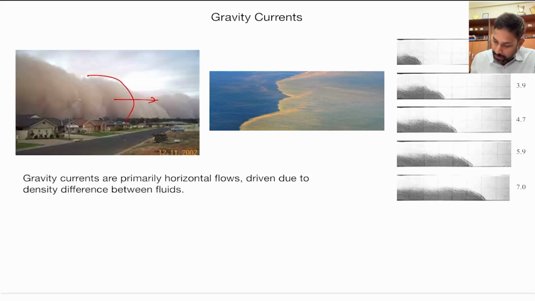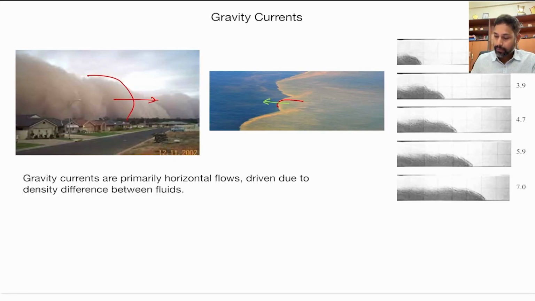Likewise, you have another example where we have this fluid which is flowing on top of salty water, where this yellowish water has lighter density than the salt water in the sea, right? And this fluid might be coming from the river, or maybe from other sources. And this one is also moving in the horizontal direction.